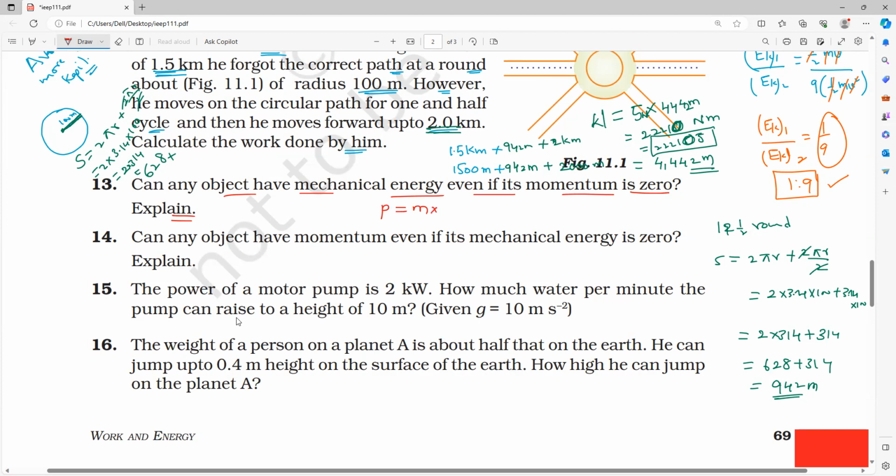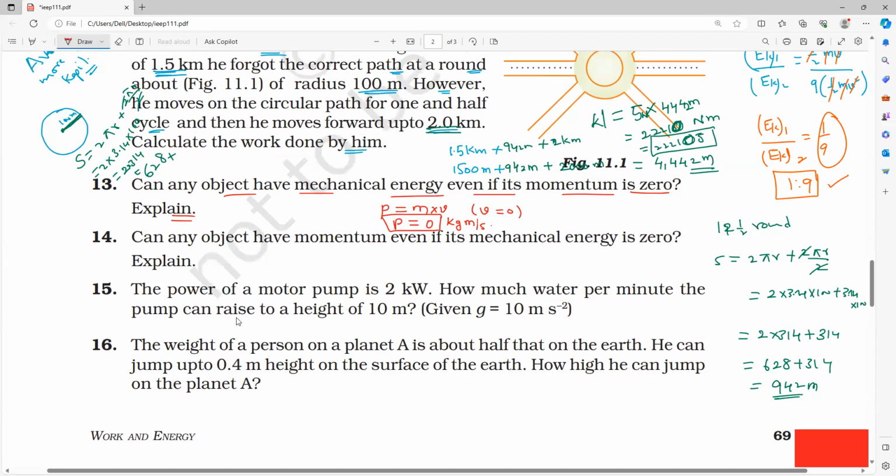Momentum is equal to mass into velocity. So if velocity becomes 0, then momentum becomes 0. The unit of momentum is kilogram meter per second.